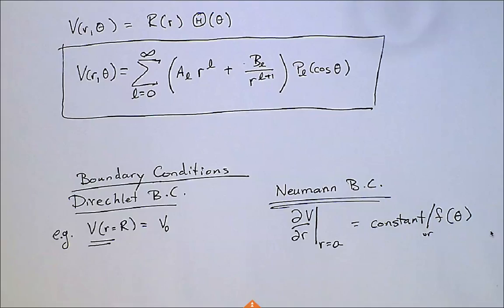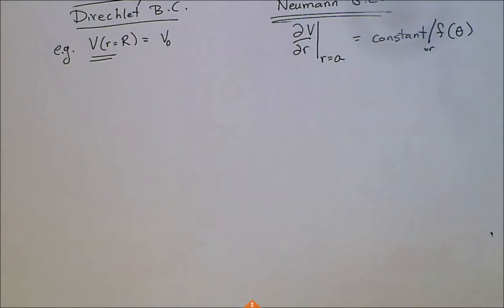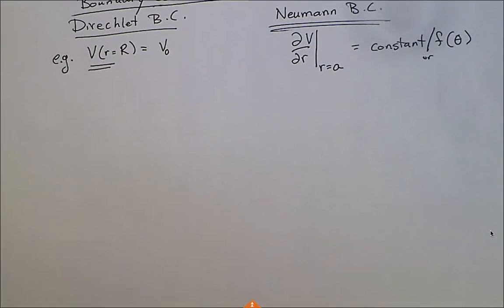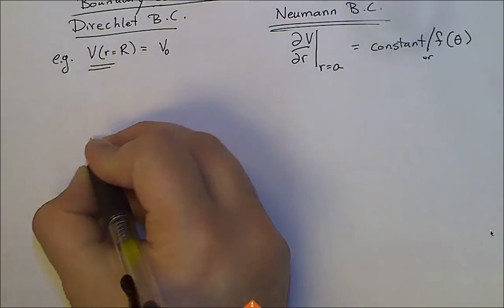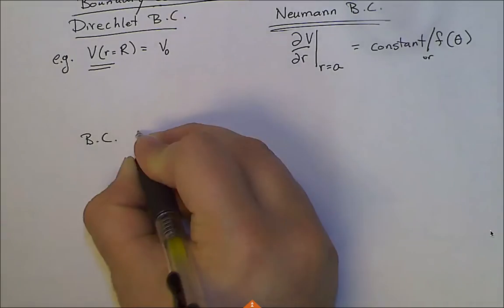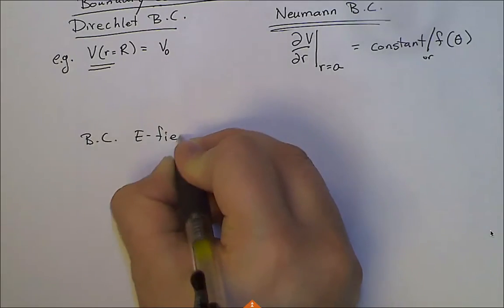So for example, why would you consider Neumann boundary conditions? Let's consider one example. Remember your boundary conditions for electric fields.